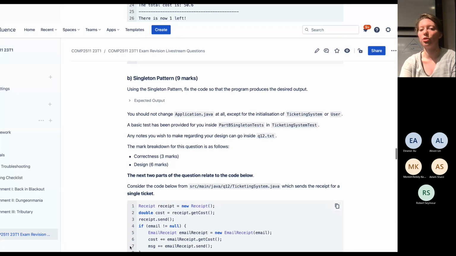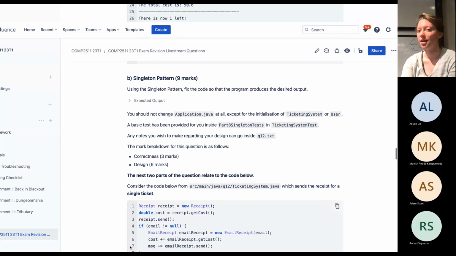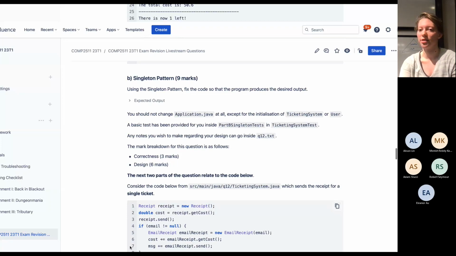What we want to do now is check if this is not null, then return this. If it is null, then create a new one and assign it to this thing.